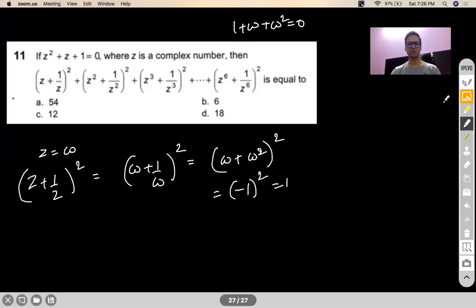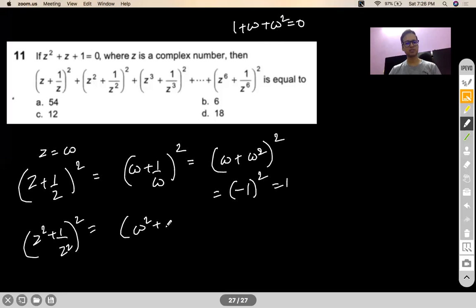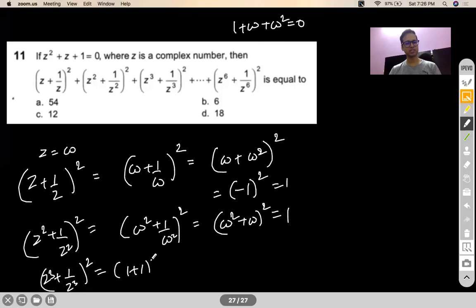So first term here will be a 1. Okay. If I do z square plus 1 by z square, remember you are writing omega square plus 1 by omega square whole square, which is nothing but omega square plus omega the whole square, which is actually 1. Okay. Z cube plus 1 by z cube, this will be nothing but 1 plus 1 square, that is actually going to be 4. Okay.